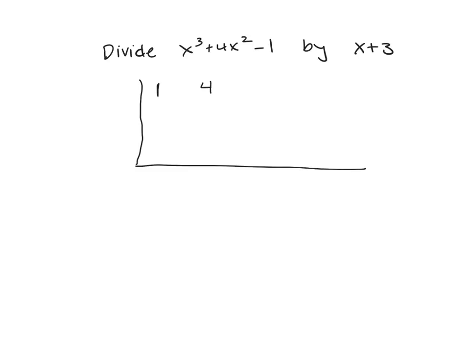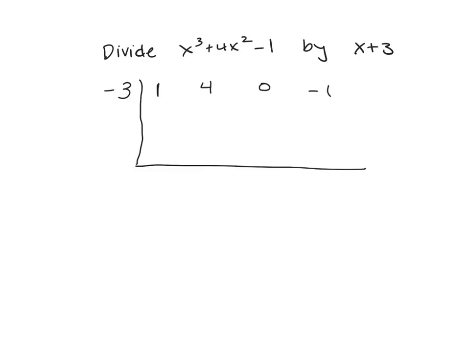But you have to be very careful because do you notice that we're missing the x term? So that means I have to put a 0, right? That's 4x squared plus 0x. And then minus 1. So just like with polynomial long division, you need to make sure you use that 0 placeholder. And then we're dividing this by x plus 3, which means we're putting negative 3 here.